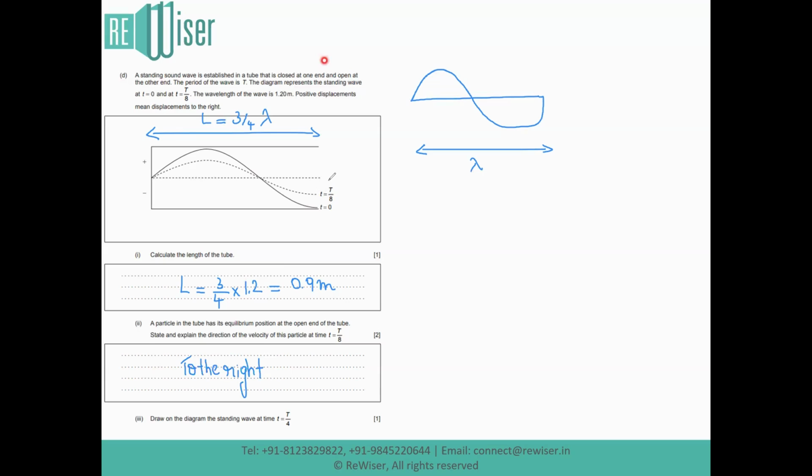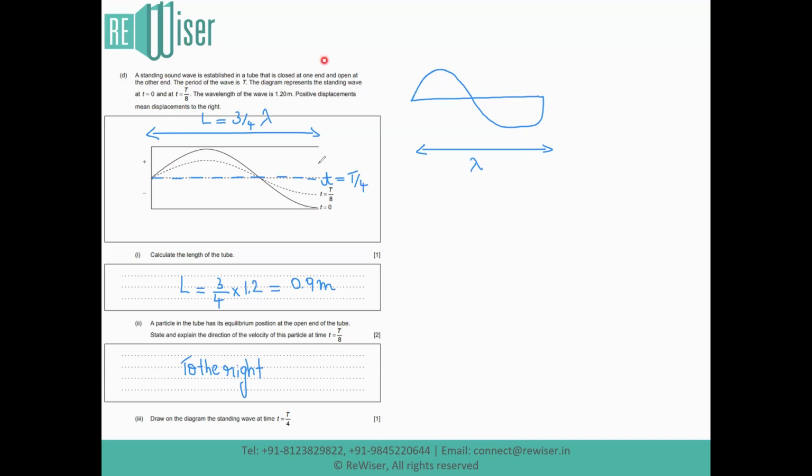At time t equal to T by 4, which is twice the time shown, the graph will follow such a pattern. The standing wave pattern formed will be a horizontal line drawn along the equilibrium position. This is the standing wave that is formed at t equal to T by 4.